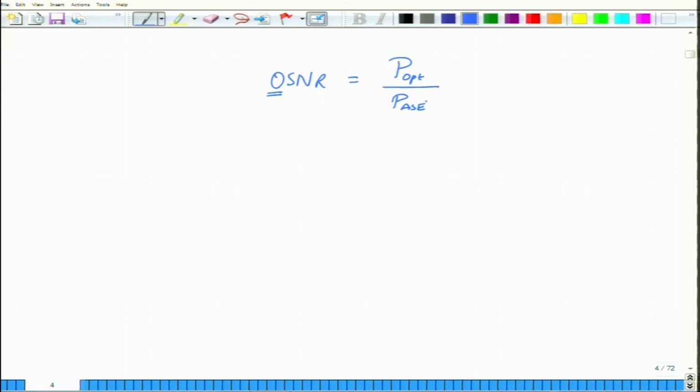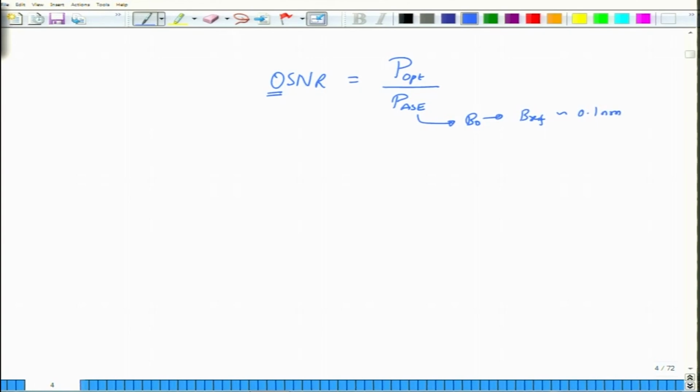Now, you might ask, what about this bandwidth that we are going to take? You are right, if I start increasing the bandwidth, the total value of noise power starts to increase and the OSNR actually starts to decrease. However, this optical bandwidth is taken to be some reference bandwidth corresponding to 0.1 nanometer.